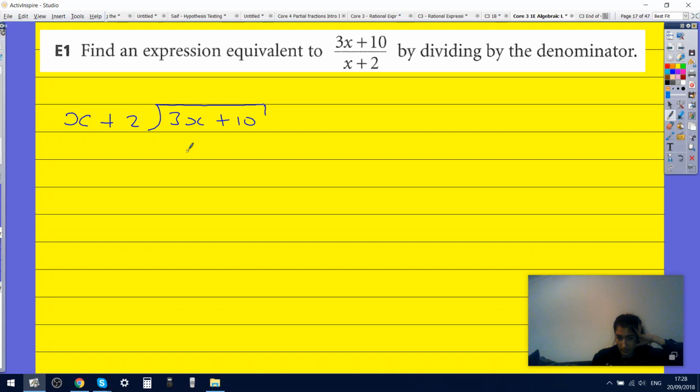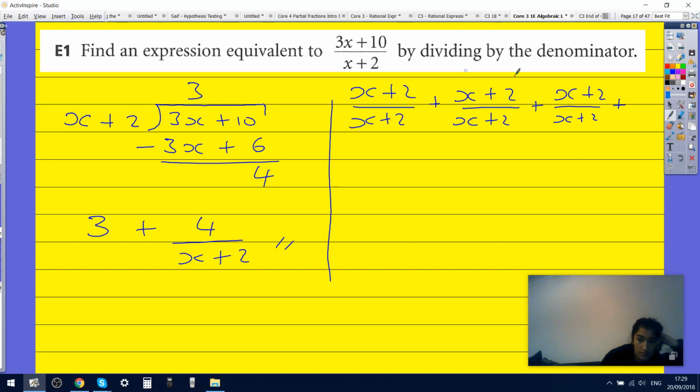So that's 3 x's, and we have 2, 4, 6. So we have 4 left over with x plus 2. And so that's 1 plus 1 plus 1 plus 4 over x plus 2, or 3 plus 4 over x plus 2. And so same thing.